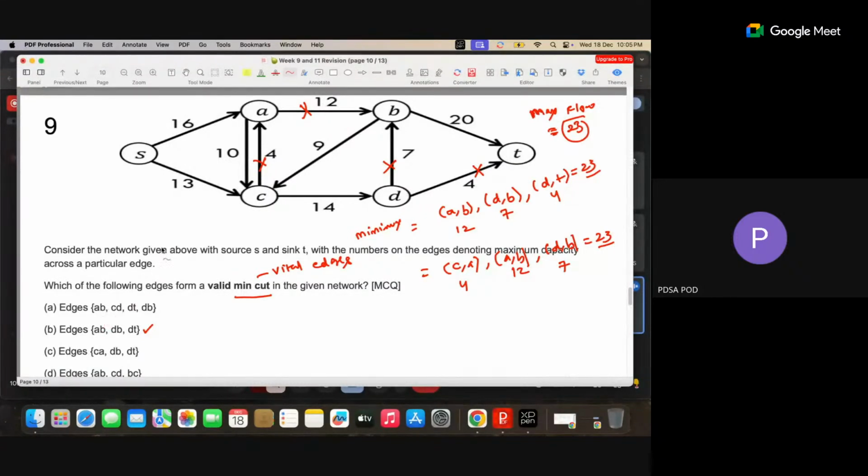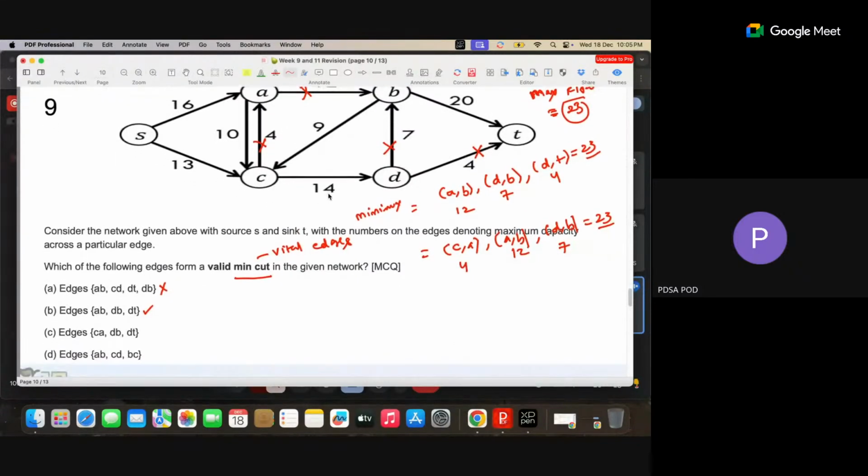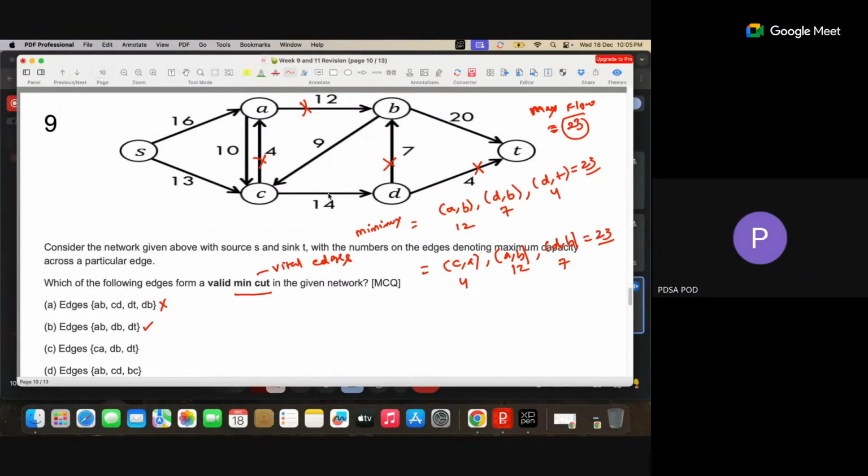One more they are trying is A to B, this 12 they are cutting, C to D they are doing. A to B is 12, C to D is 14, it is 26. This is not true, because by itself it is 26. This is also not true.